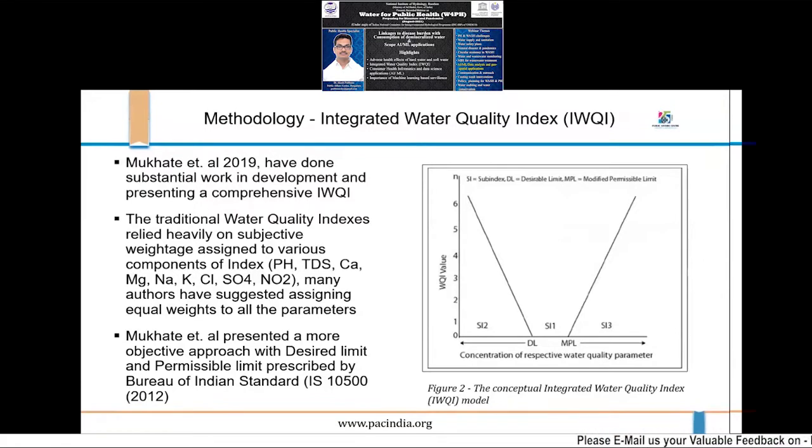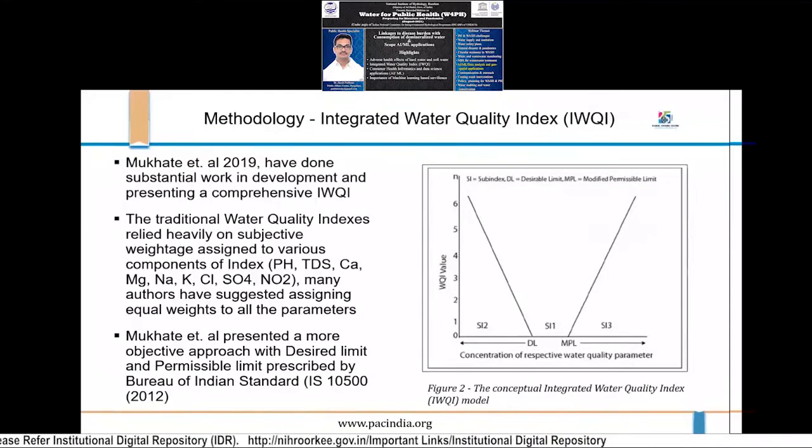The subjectiveness of the weight actually changed how the index worked. That's why Mukhate et al. presented an objective approach, where a desired limit, already given by the Bureau of Indian Standards, and a maximum permissible limit, a broad range, can be considered to assign weightage to these indicators, and thus that can be used for developing the index.